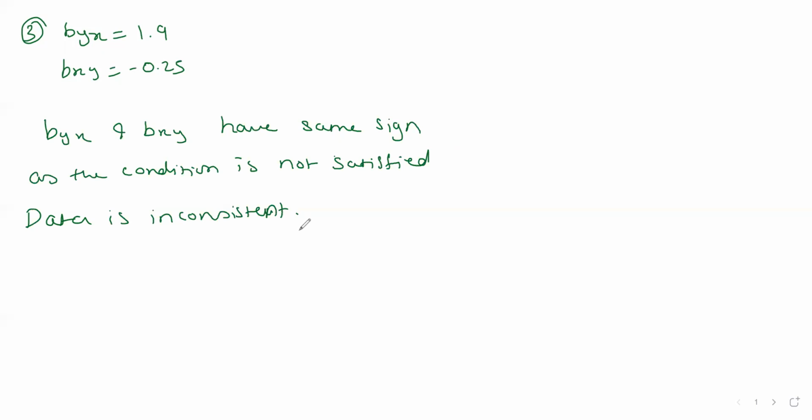Then the last one, byx is 2.6. bxy is 1 upon 2.6.